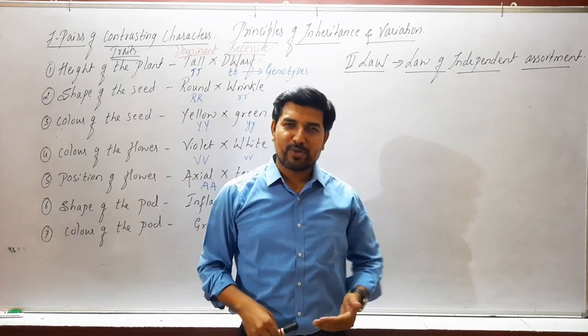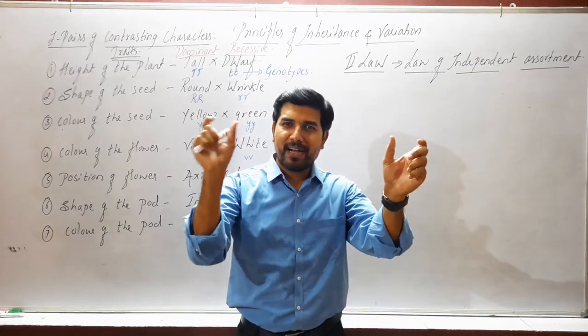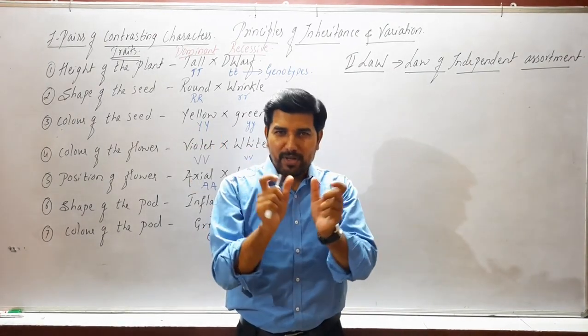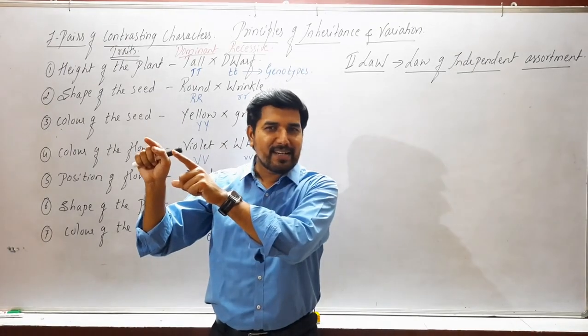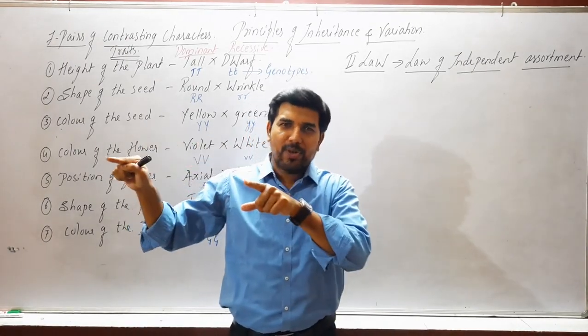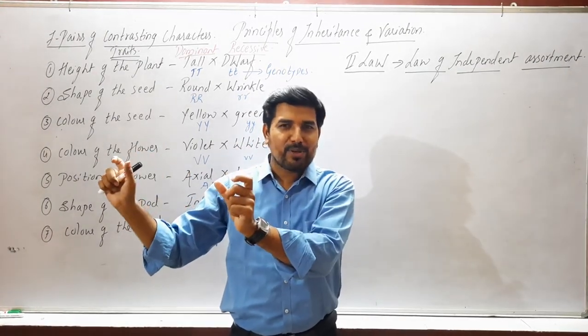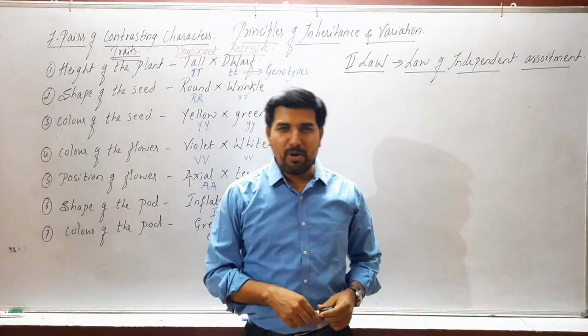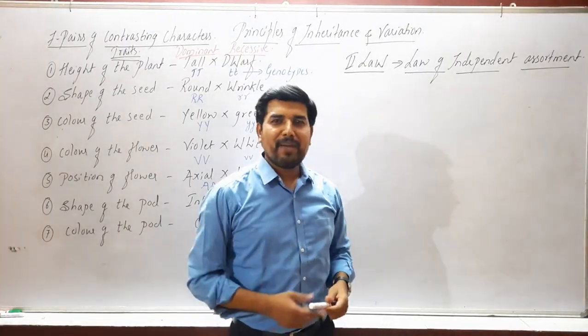Based on the cross, we did a cross where we have taken a tall plant and a dwarf plant. After crossing, we get a capital T, small t, and in the F2 generation, these two genes got separated during the formation of the gametes, which we call the law of segregation. In the second law, we call it the law of independent assortment.